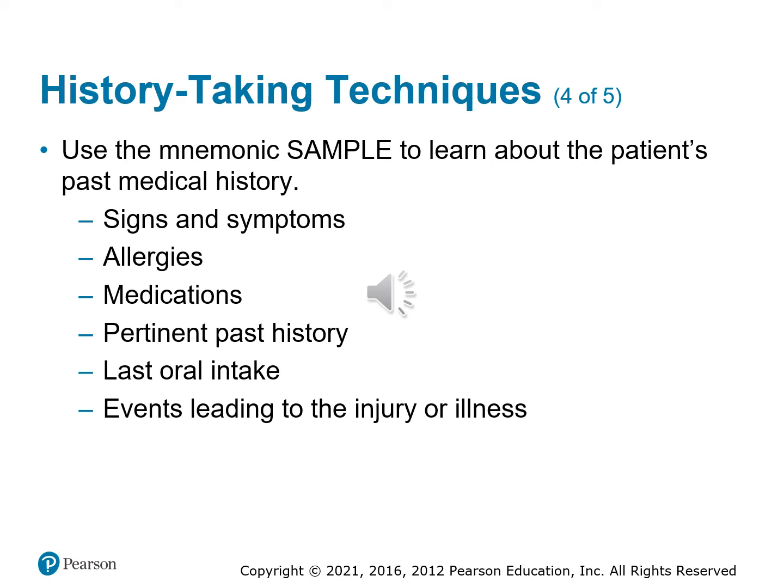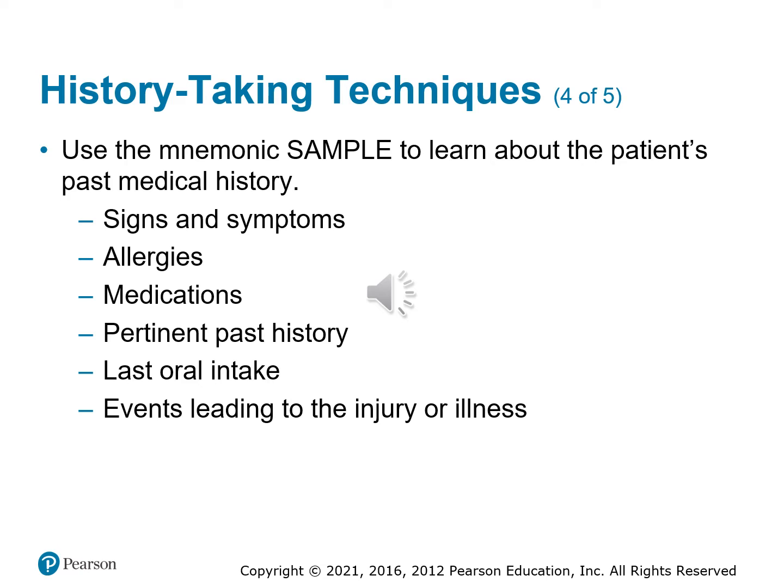Another mnemonic I want to introduce you to is SAMPLE. SAMPLE is going to give us information about the patient's history. So OPQRST deals with the HPI and what is happening right now.